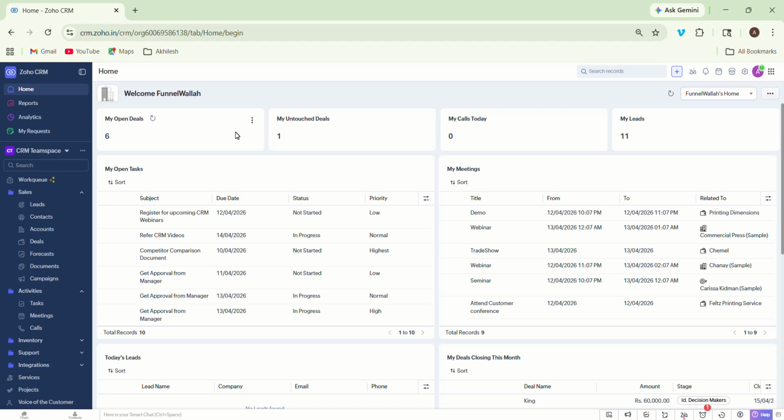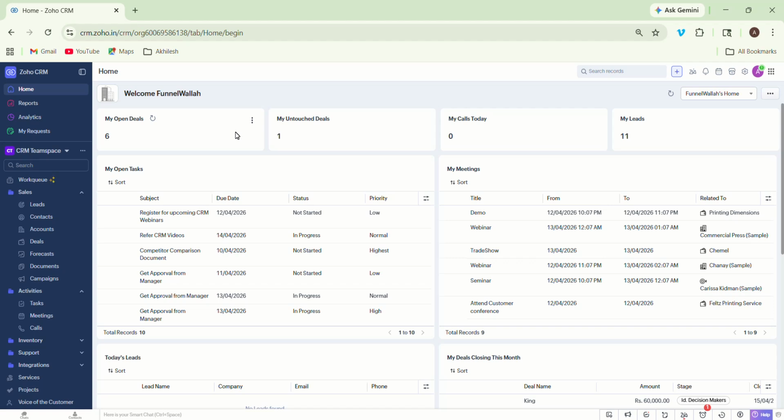You understood why default pipeline stages fail most Indian businesses and the business consequences of that failure. Okay, so now you understood that you have to customize the pipeline or else you will fail the business outcomes. Okay, and the business is going to suffer because we have not customized it.